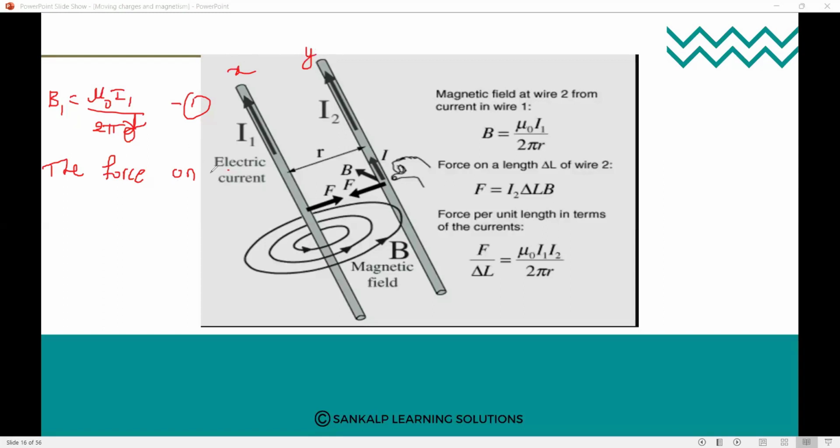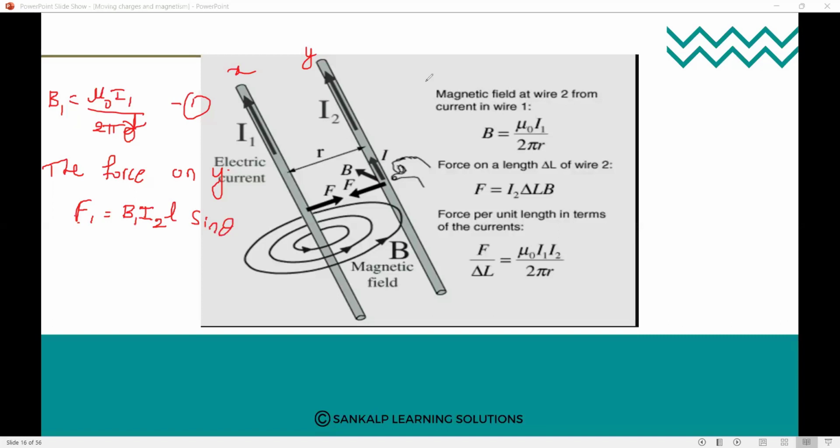So the force on the conductor y is given by F1 is equal to the magnetic field B1 and the current in the wire y, which is I2. So I write it as I2 into L sin theta.